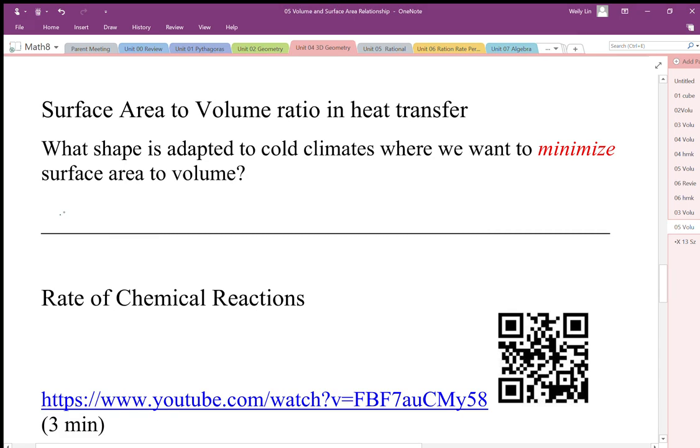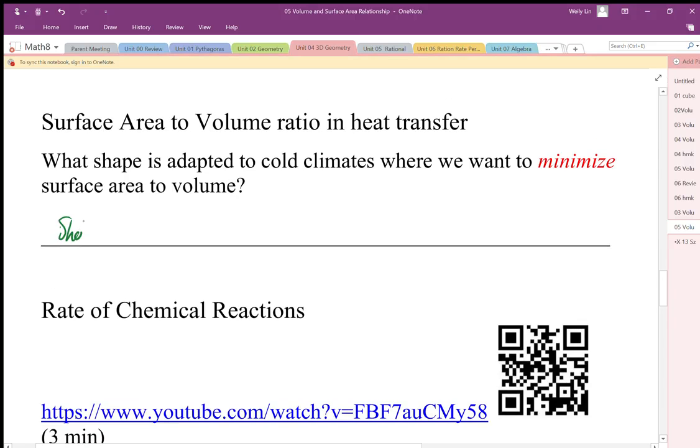So they're shorter and more compact. And the best shape to minimize surface area to volume ratio is the sphere. The sphere is most efficient.